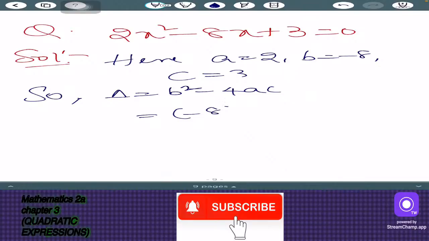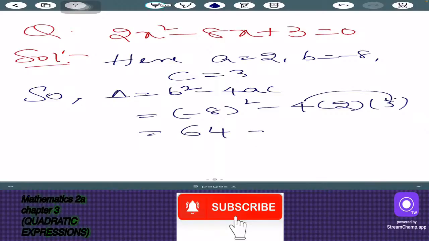So minus 8 whole square minus 4 into 2 into 3. Minus 8 whole square gives you 64, minus 4 threes are 12 and 12 twos are 24. So the result is 40, that is greater than 0.